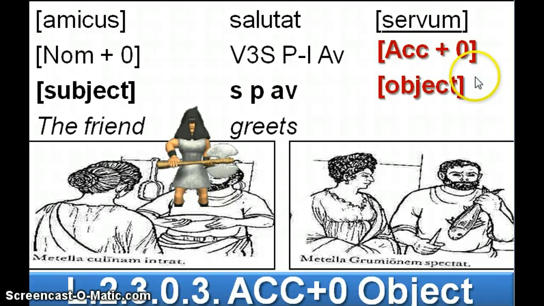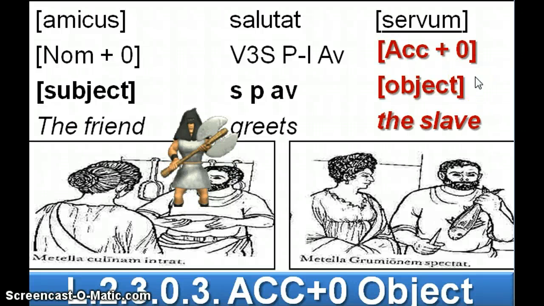So therefore, it's an object phrase, the slave. The friend, nominative subject phrase, greets, verb, the slave, accusative object.